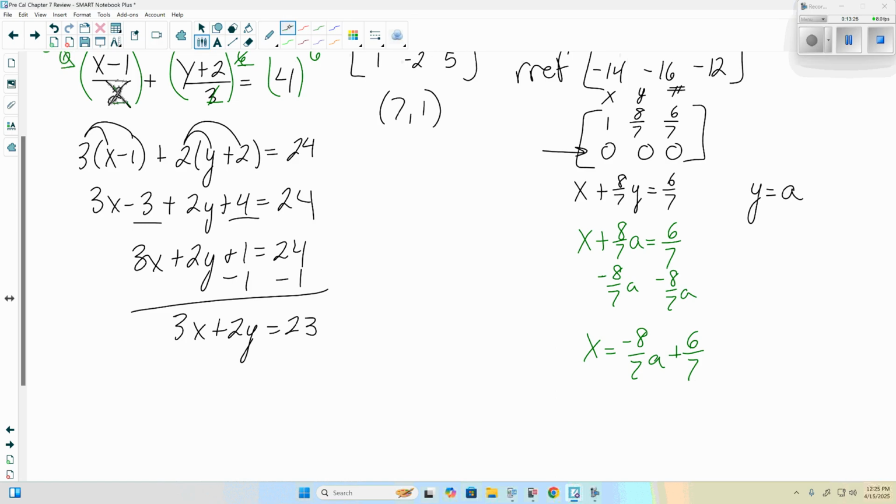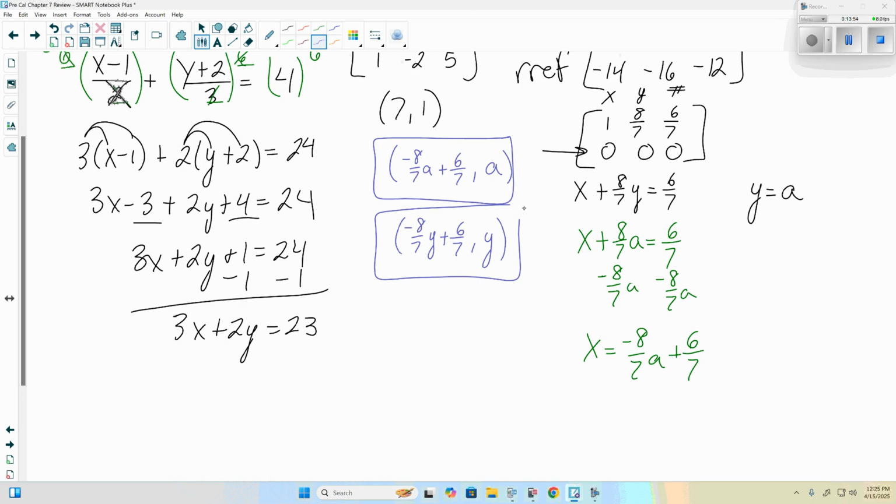We do have an infinite number of solutions, but that infinite number of solutions is defined by this ordered pair here, where a is any number. Because I will take this here, we could have also said that negative 8/7 y plus 6/7 comma y is also the solution. Because for any given value of y, we can find a point that will work.